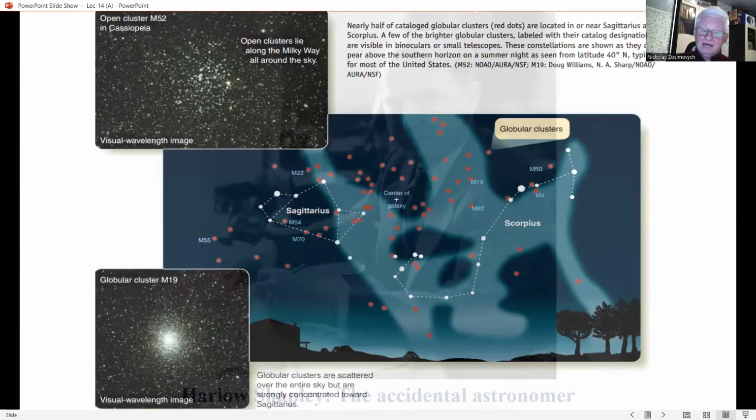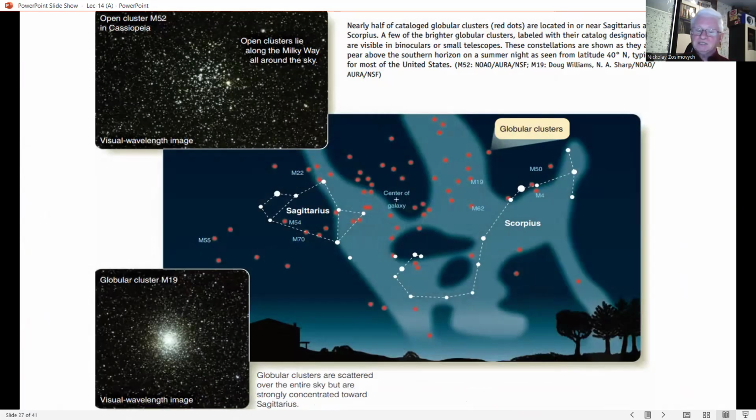In an earlier lecture, you met open clusters and globular clusters. Open clusters are concentrated along the Milky Way, but globular clusters are widely scattered. Shapley noticed that the globular clusters were more common toward the constellations Sagittarius and Scorpius.